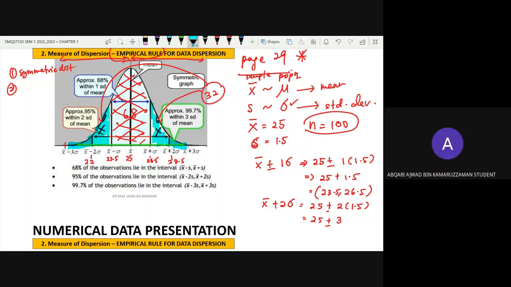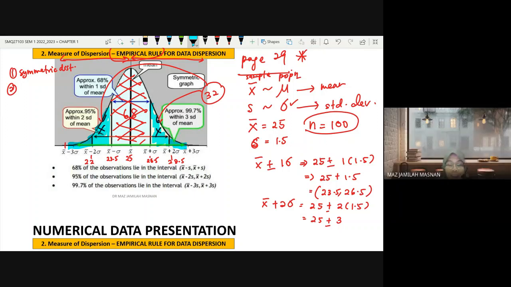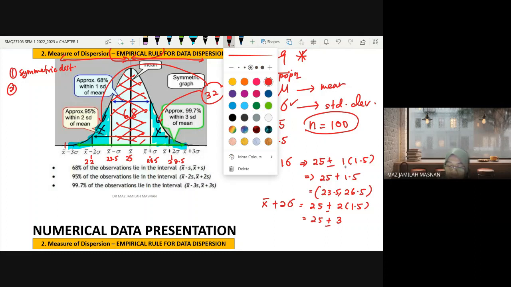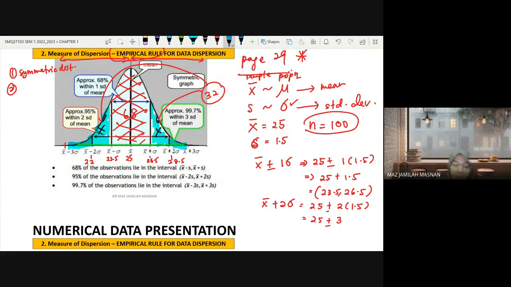Now, if you are talking about two standard deviation, let me change the pen. For two standard deviation, I will use the blue color. You will have 95% of your data located from here to here.